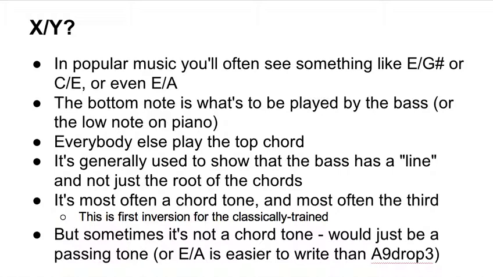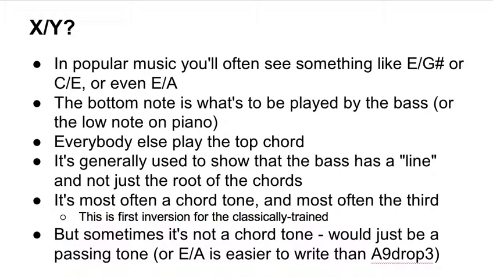The next confusing thing, or the next thing that you might see in lead sheets, is this slash and then some other note. For example, you'll maybe see something like E over G sharp, or C over E, or you may even see E over A, which is a little weird.